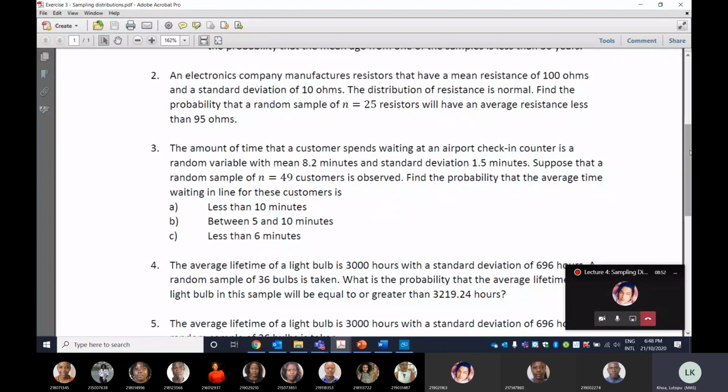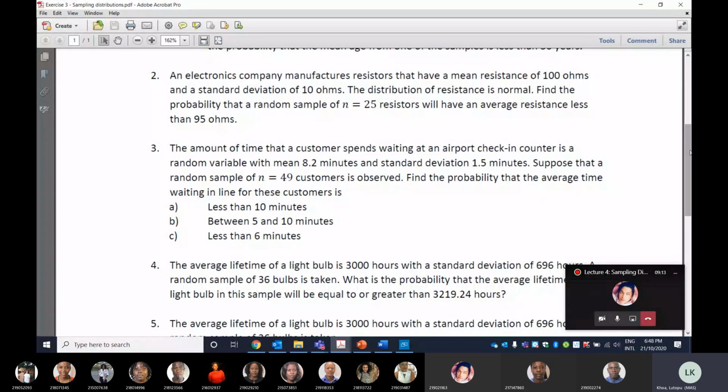So whenever you're given a question like this, first thing you should do, write down the information that you are given. So we are told that the mean, which is mu, is equal to 8.2 minutes.